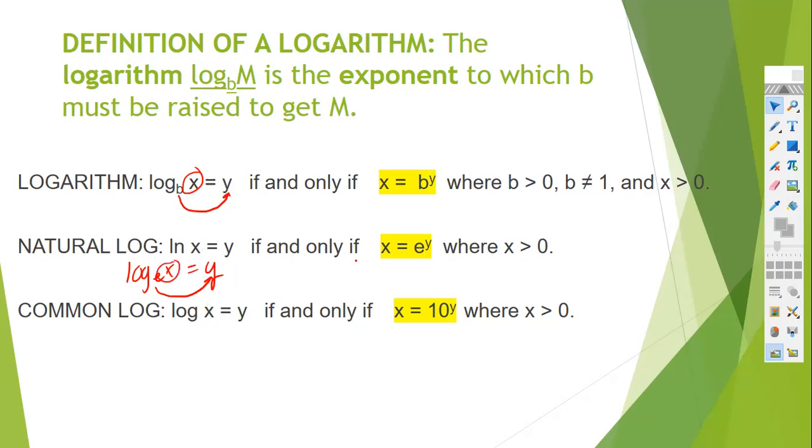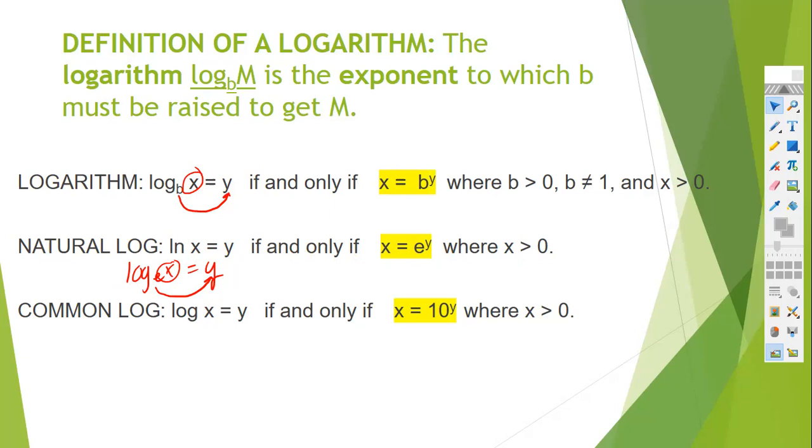That's why the exponential version of natural log of x equals y is x equals e to the y. Natural log is the same thing as log base e. However, remember, mathematicians are a little lazy, so the fewer characters we have, the better. So someone decided that log base e equals ln.